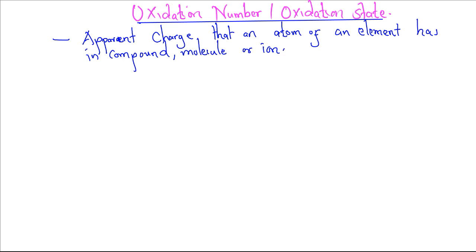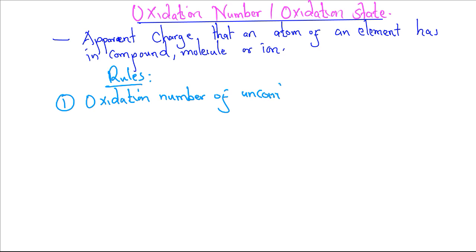What are some of the rules that are used in determining oxidation number? The first rule: oxidation number of uncombined elements is 0.